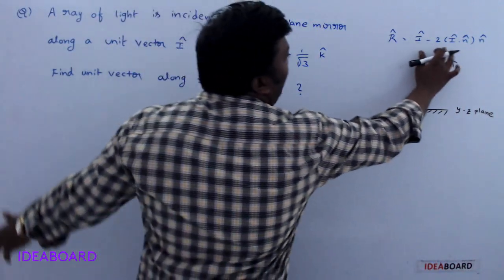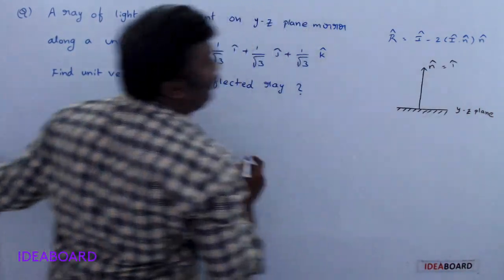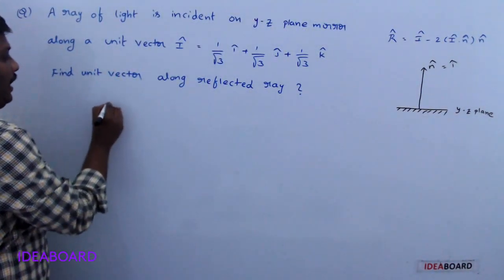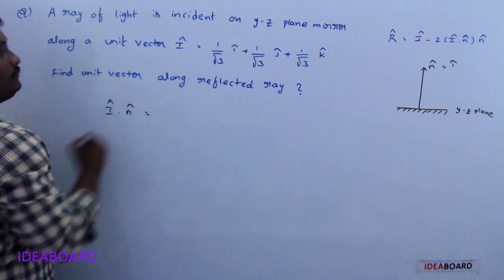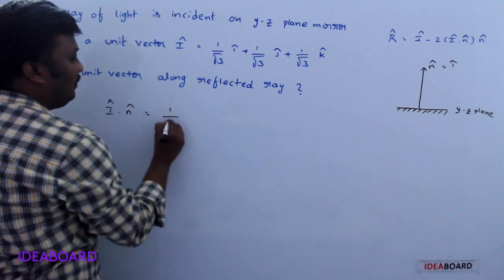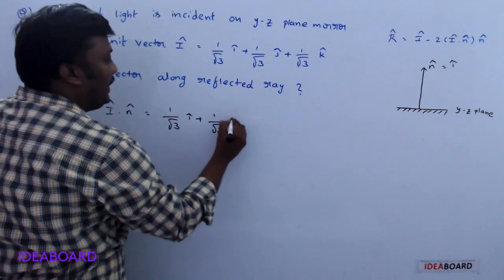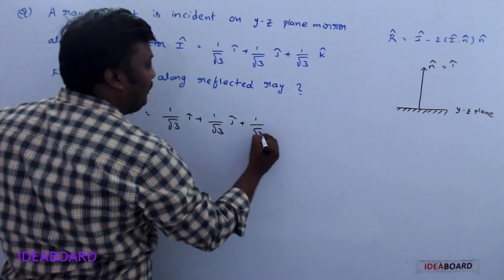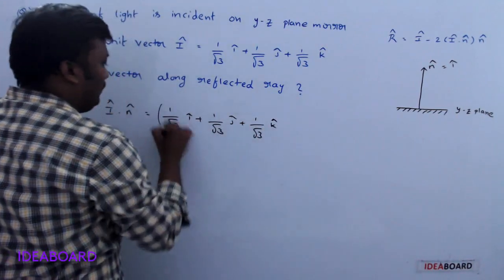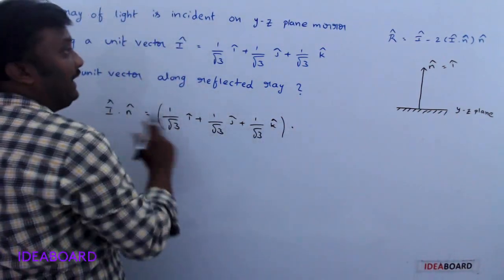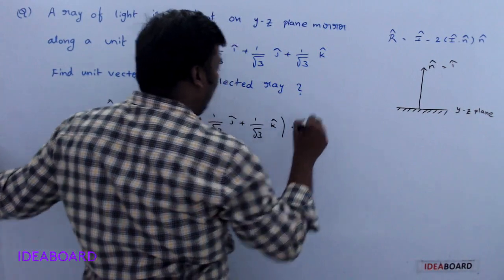To apply this formula, first of all we would like to know the value of i cap dot n cap. The i cap value is 1 by root 3 i cap plus 1 by root 3 j cap plus 1 by root 3 k cap, dot product with n cap. n cap is nothing but i cap.